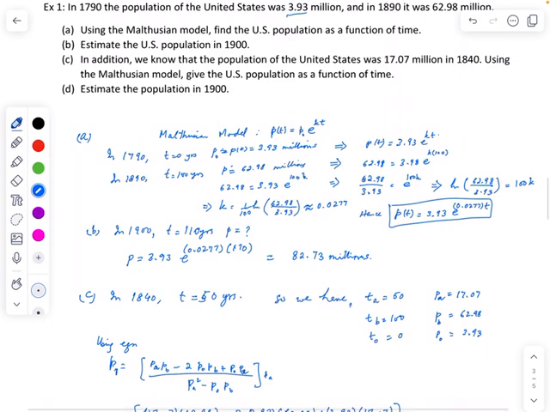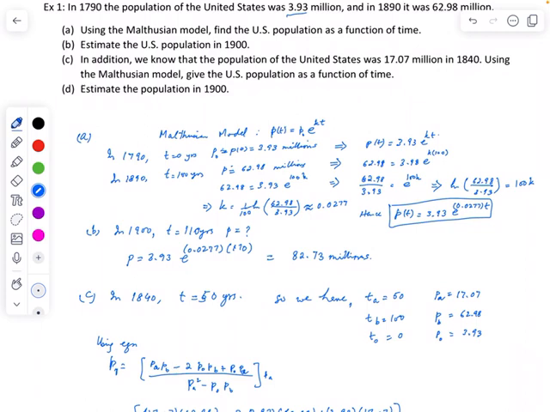So in 1790 t is equal to 0 years, and P naught, which is P of 0, is 3.93 million.